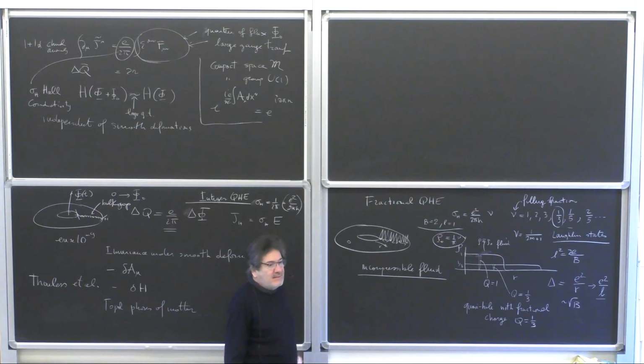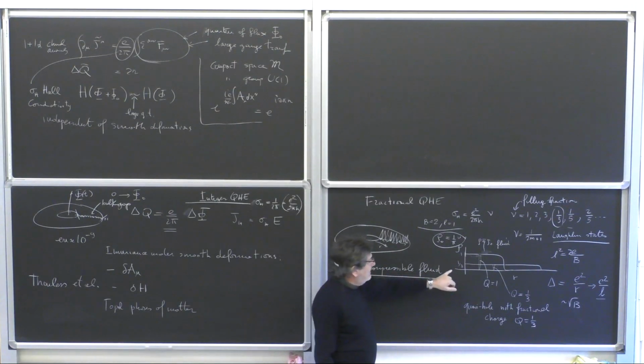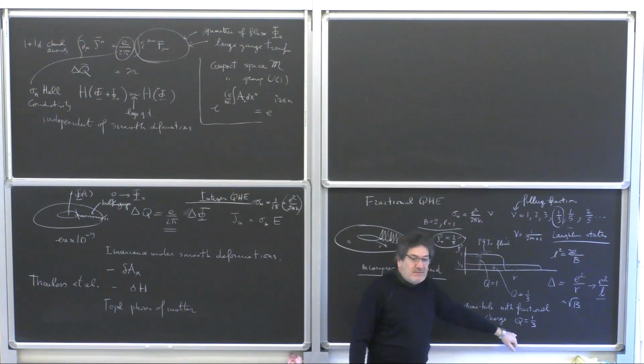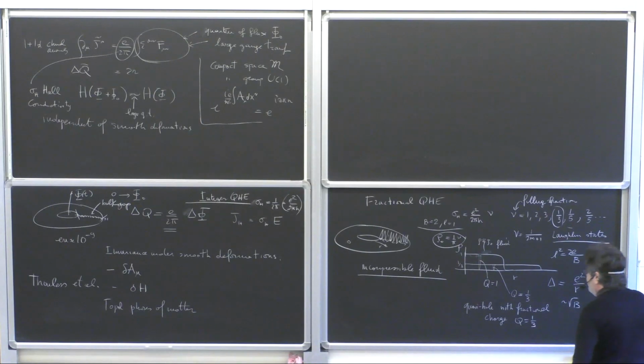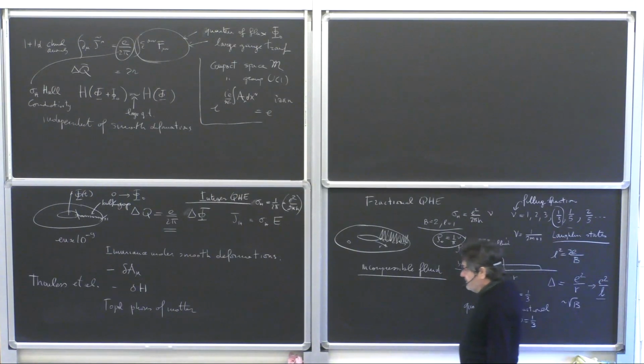But what counts is the area of the hole. The area of the hole is pi L squared, okay? And so you make a smaller hole and a fractional charge, okay? Then there is this fractional charge.